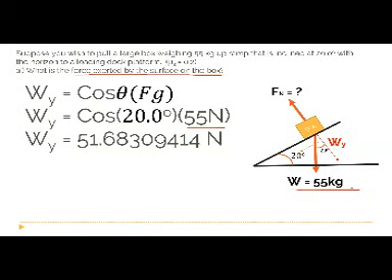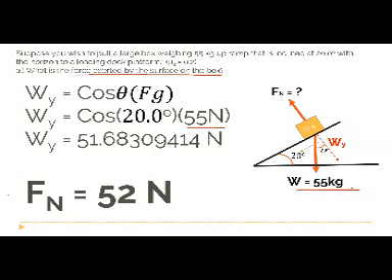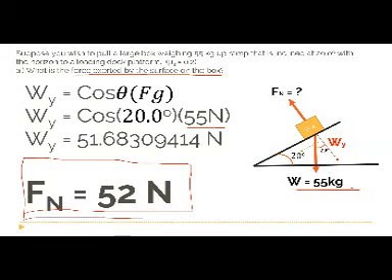So 51.68 rounded to two significant figures is 52 Newtons. So the force exerted by the surface to the box is equal to 52 Newtons. So that is for letter A.